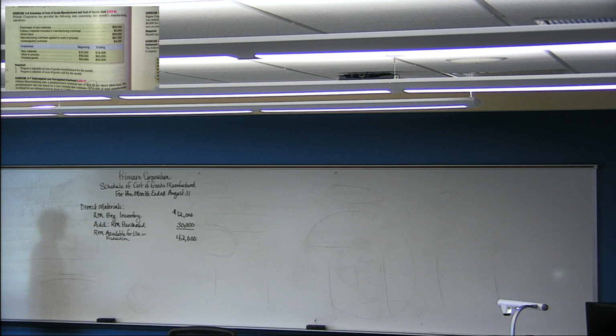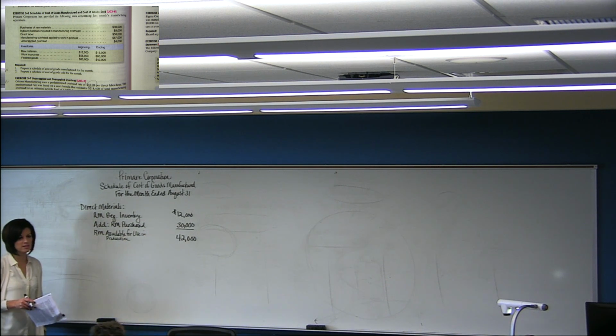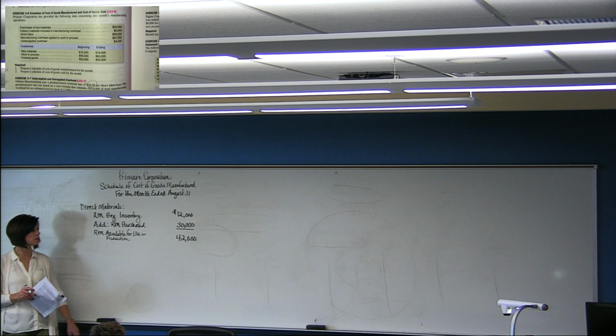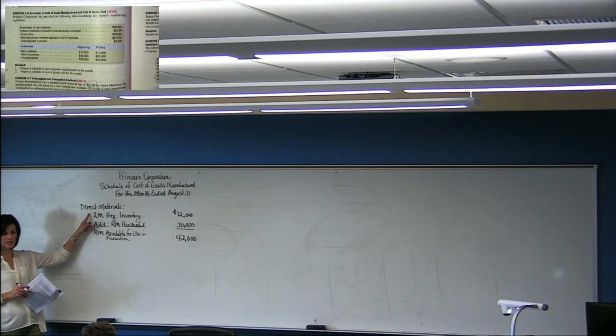Okay. Now, here is where I make the distinction between indirect and direct. So pay attention. I had to calculate my direct materials because I didn't know them. I have to assume that my raw materials are both direct and indirect simply because the problem lists an amount of indirect materials. Had the problem not listed indirect materials, I would just assume that all of my raw materials were direct.